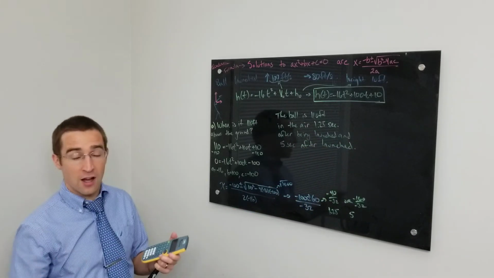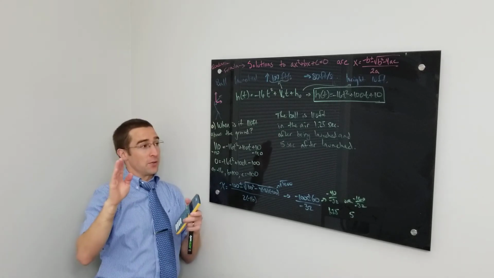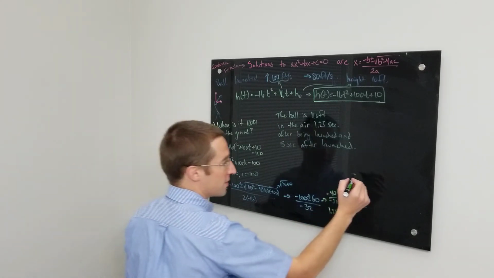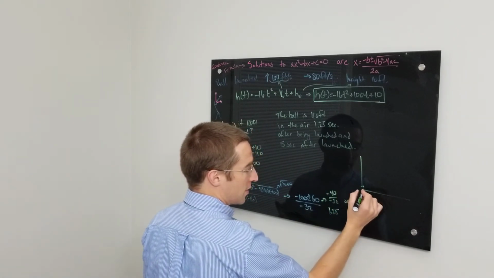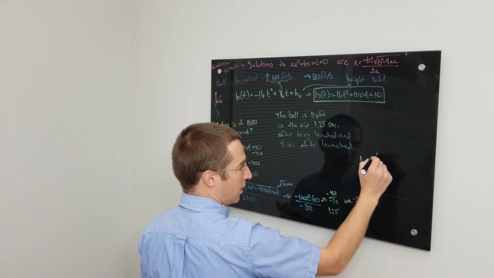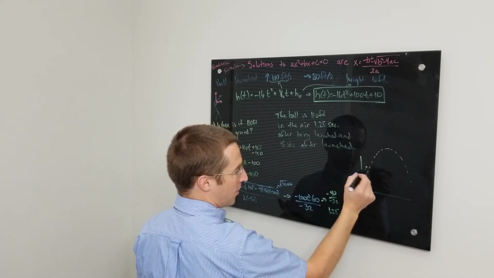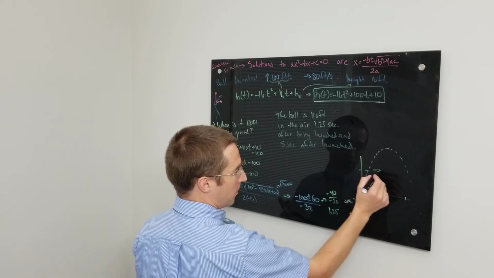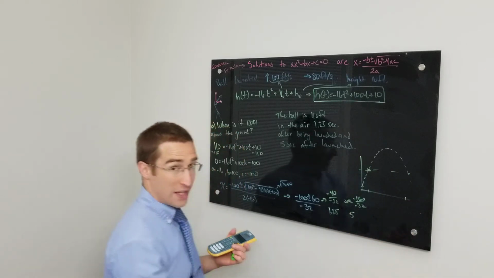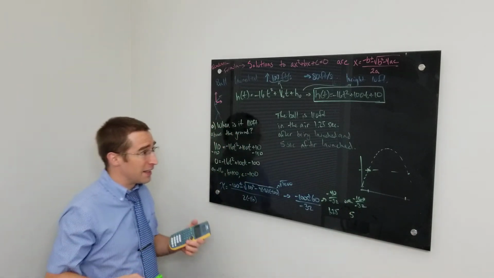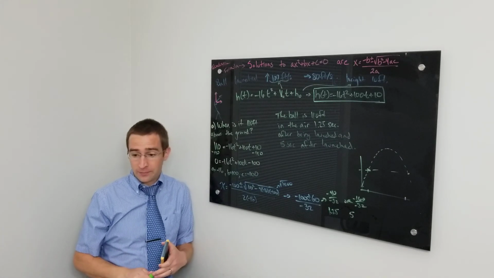So basically it gets launched, it goes up, like we draw this little graph here, starts out at 10, it goes up, and then it comes back down, and it hits 110 twice, right? And that's that.